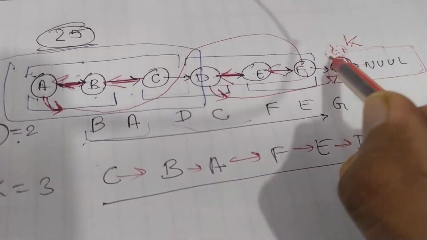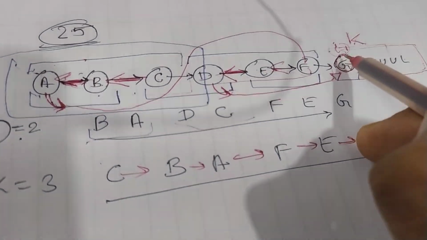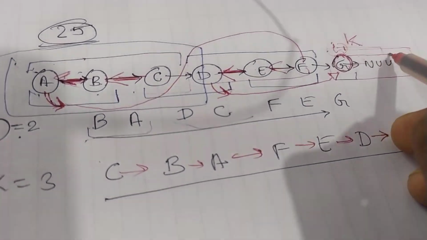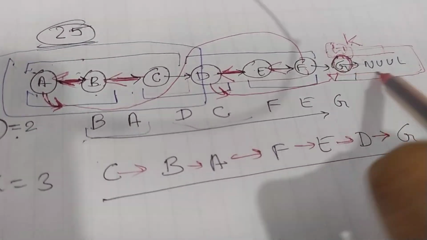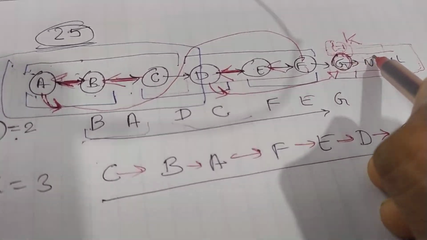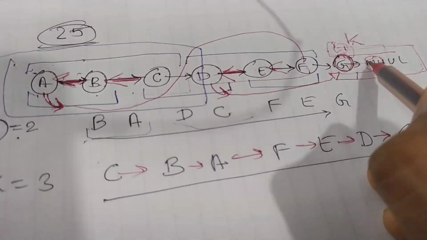What we need to do is perform the reverse operation on the linked list for k equal to the size of the remaining group.